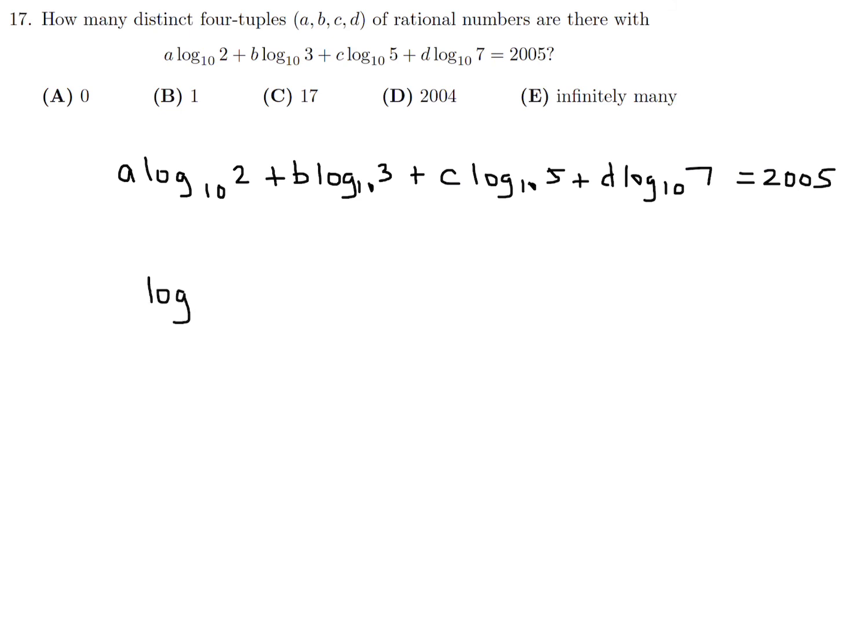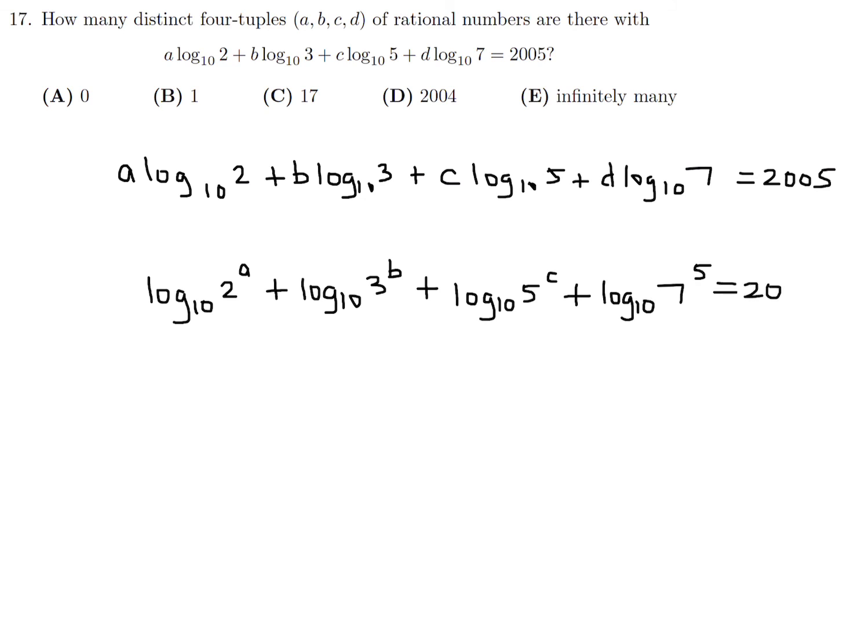So we've got A log 2, plus B log 3, plus C log 5, plus D log 7 is equal to 2005, like that.